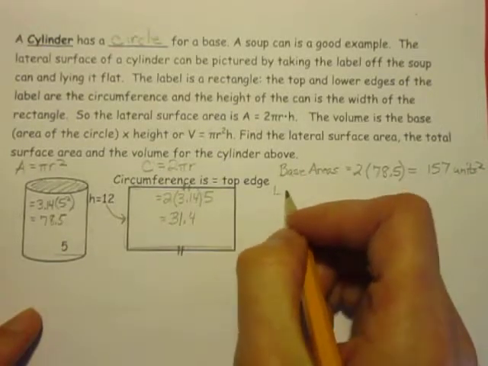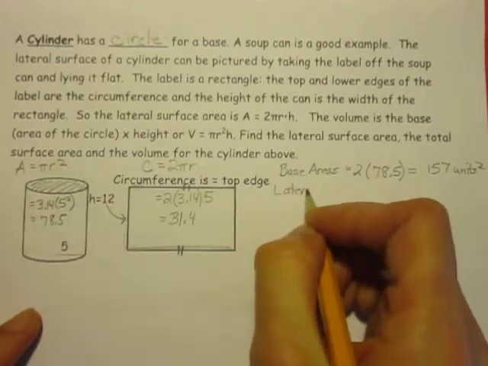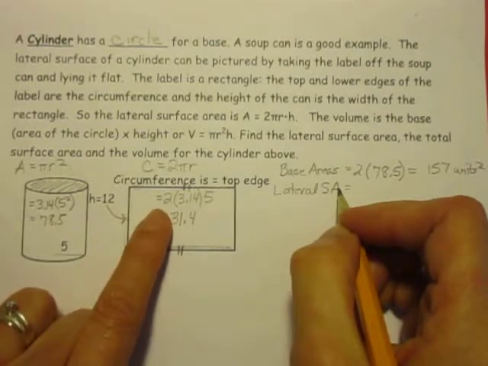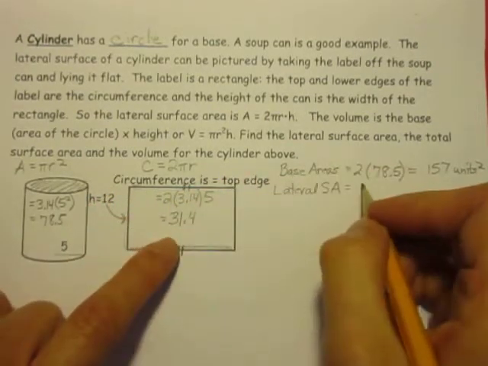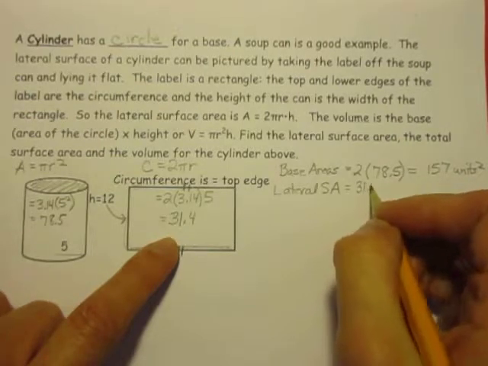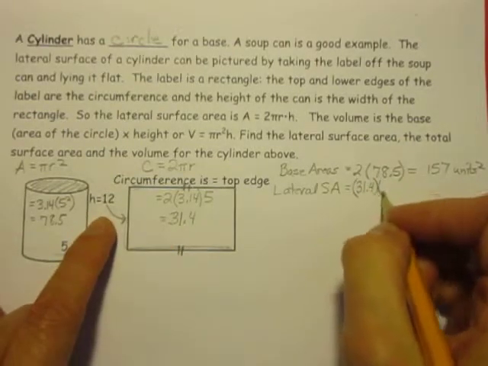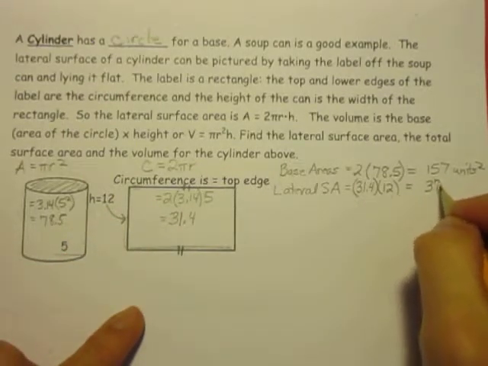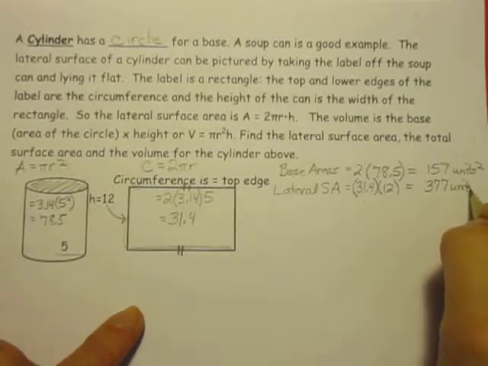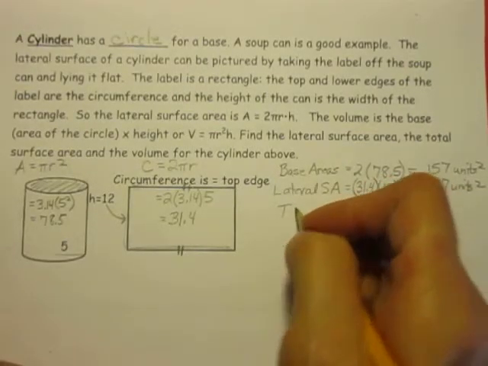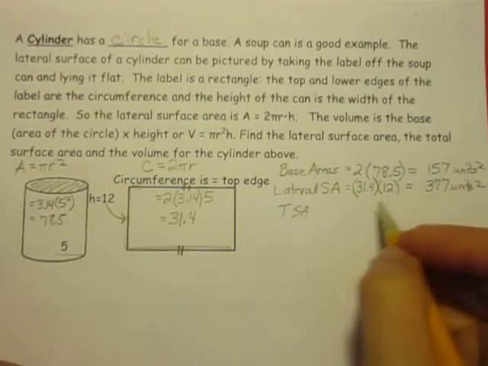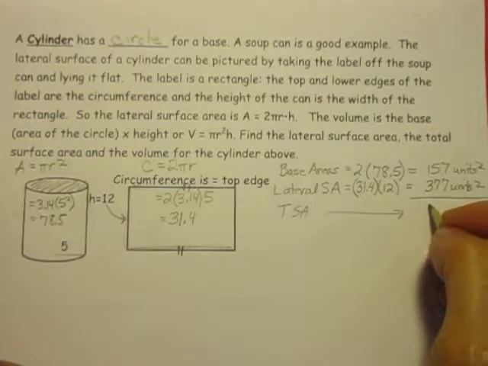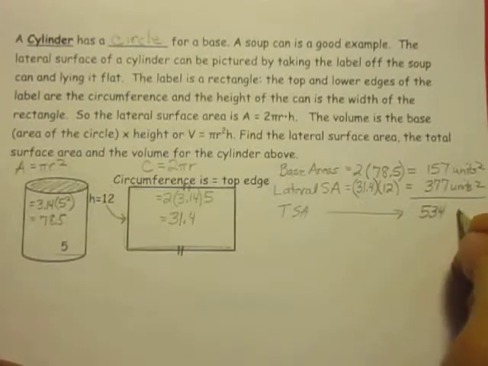Now we need to find our lateral surface area, and that is going to be this rectangle right here. So it's 31.4 times 12, which is equal to about 377 units squared. Okay, and then our total surface area, which I'm going to write as TSA just to keep things moving, is the sum of those two things. So the sum of those two things is 534 units squared.